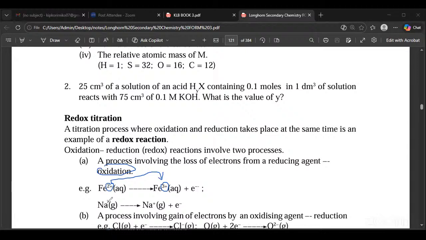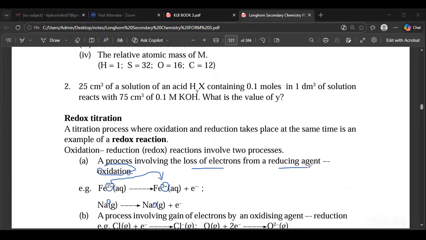The same with this one: this one is 0, and then it became plus. That is oxidation. If the number was smaller and becomes bigger, that one is oxidation. And now oxidation involves loss of what? Electrons.